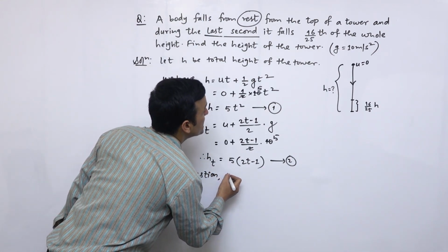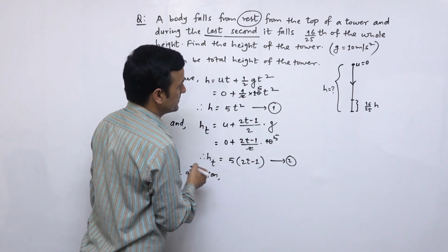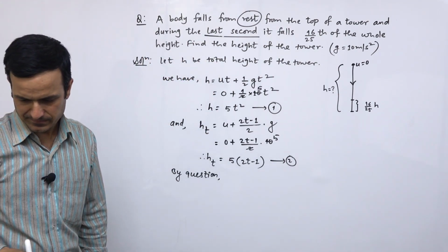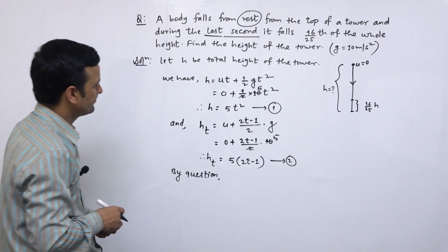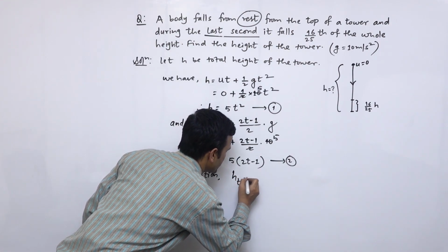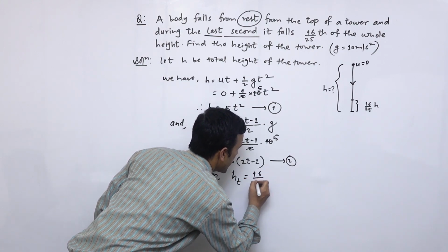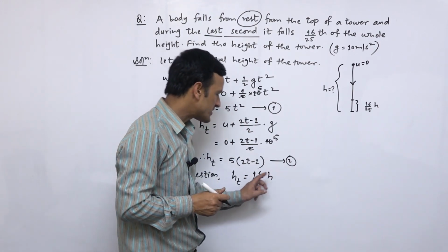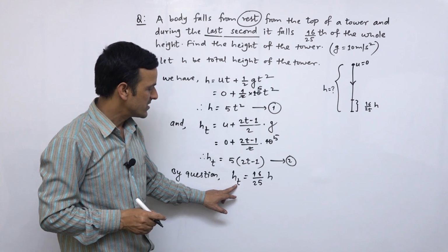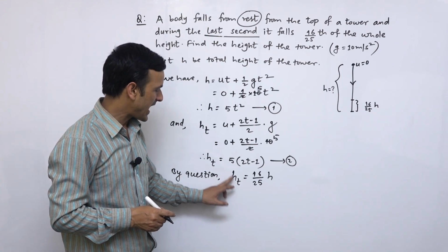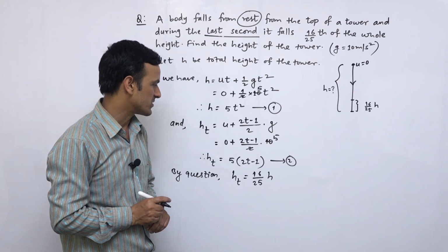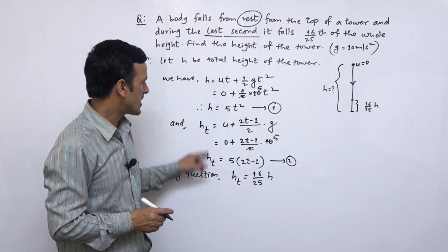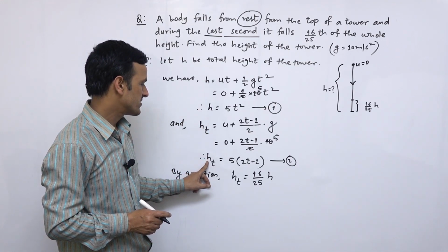So ST is equal to the distance covered by that body, HT is equal to 16 by 25 of H. Total height को 16/25 height भनेको हाम्रो लास्ट सेकेन्डमा कभर गरेको हाइट हो. सो HT भनेको 16 by 25 H दिएको छ. सो यो आधारमा हामी चाहिँ अब यो HT को भ्यालु लगाएर यहाँ राख्न सक्छौं. Now we can solve this and this.